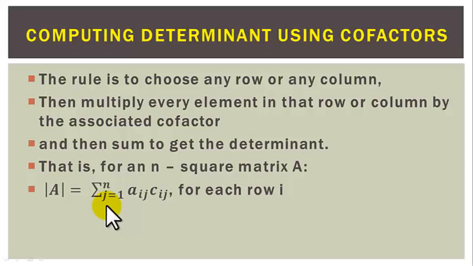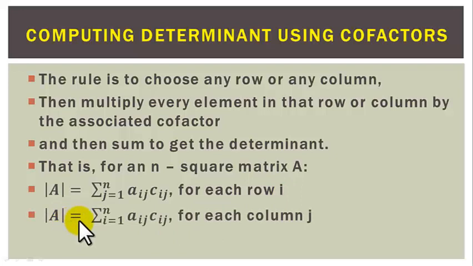That is, the sum of Aij Cij as j goes from 1 to n for any row i. But if we choose to evaluate the determinant using column j, the determinant of A is obtained by multiplying every element in that column by the associated cofactor and then summing. That is, the sum of Aij times Cij as i goes from 1 to n for any column j.